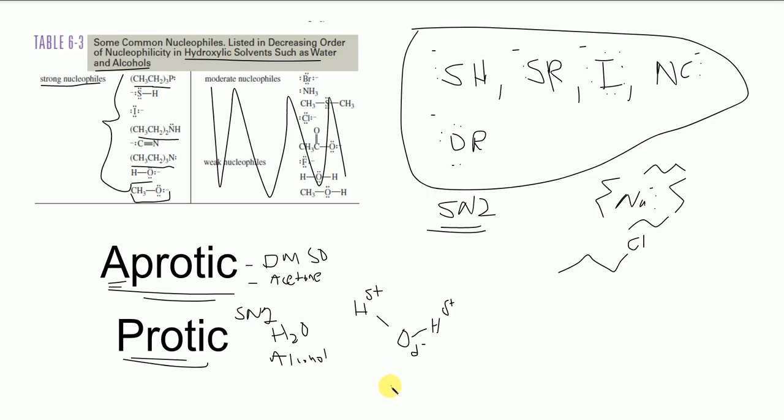SN1 forms the carbocation, right? And what this will do, the O minus, partially negative, will associate with this charge over here and help stabilize it. So this will help stabilize these charges. And then the nucleophile, right, it's weak, and I guess the hydrogens will also stabilize with those, okay? But it's mainly that these help stabilize the carbocation, right?